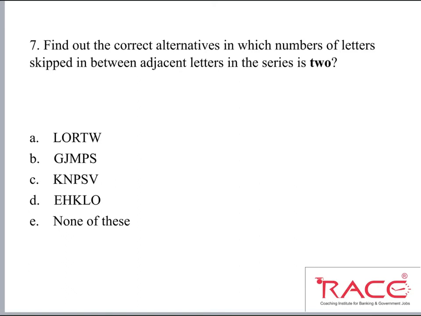For example, A and D are two adjacent letters. How many letters are there between them in the English alphabet series? Two, B and C.